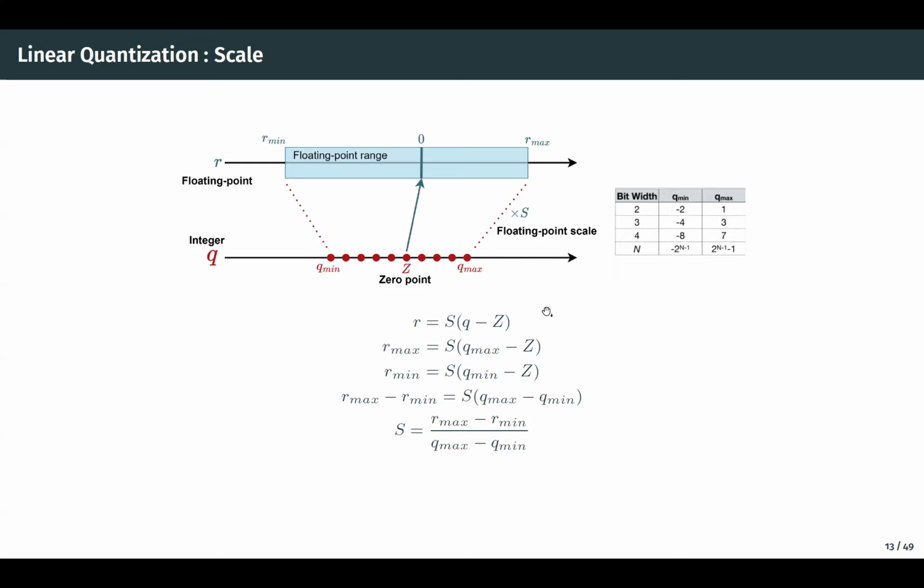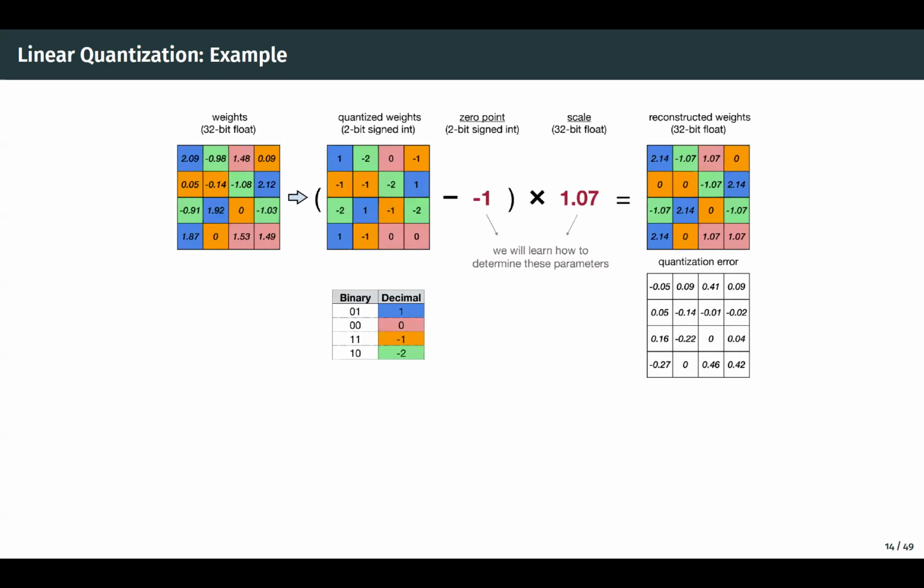We will talk about it later. If you do this math, we can define the scaling factor as the dynamic range, R maximum minus R minimum, divided by the number of possible values we can represent in the discrete set. This is important to note.